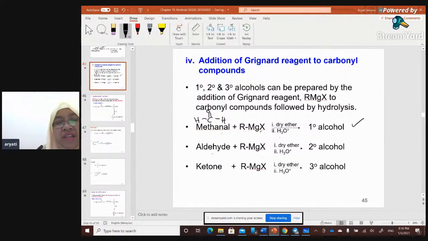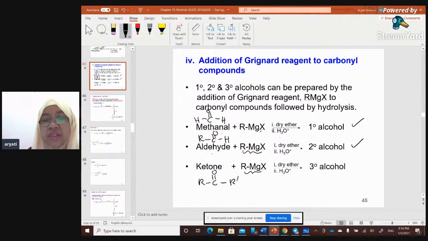If you have an aldehyde, RCHO, any aldehyde other than methanal, such as ethanal, propanal, butanal, reacting with Grignard reagent in dry ether followed by hydrolysis, it will become secondary alcohol. If you have a ketone, RCOR, reacting with Grignard reagent in dry ether followed by hydrolysis, it will produce tertiary alcohol.